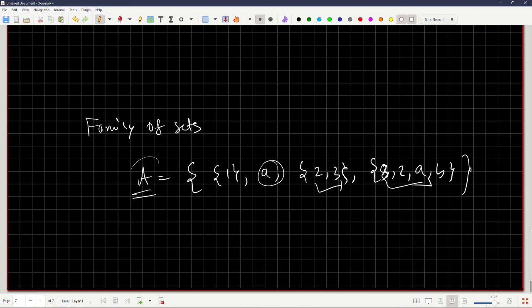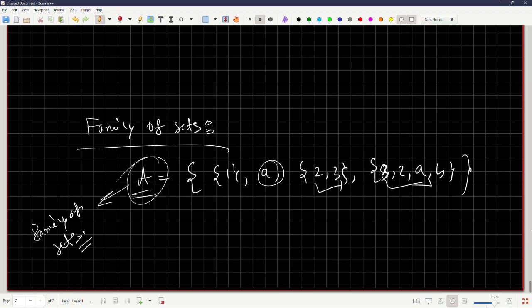So in this case, this A is called a family of sets. In some books, it's also called a set of sets. Some of the elements are now sets themselves, so that's why it's called a family of sets or a collection of sets.